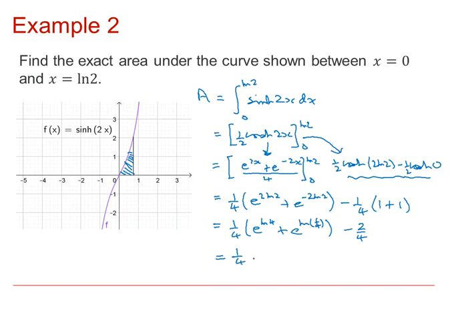So we have a quarter of e to the ln 4 is 4. Remember, e and ln are inverse functions of each other, and e to the ln a quarter is a quarter. Take away a half, gives us the answer 9/16 is the exact area bounded by the curve sinh 2x from 0 to ln 2. And if you'd done it on a calculator, you would have got exactly the same answer of 9/16.